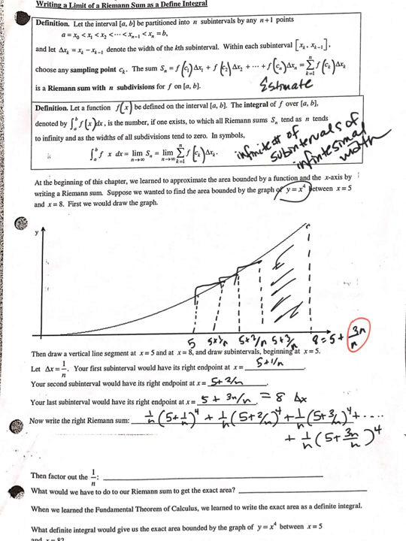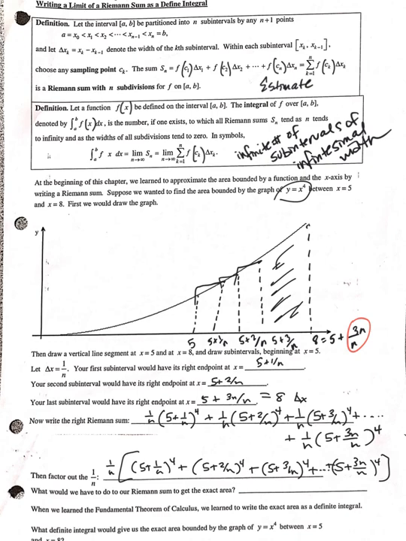Okay, so now I'm just going to factor out 1 over n. So if I do that, what do I have? I have 1 over n times 5 plus 1 over n to the 4th, plus 5 plus 2 over n to the 4th, plus 5 plus 3 over n to the 4th, yada yada yada, 5 plus 3n over n to the 4th.